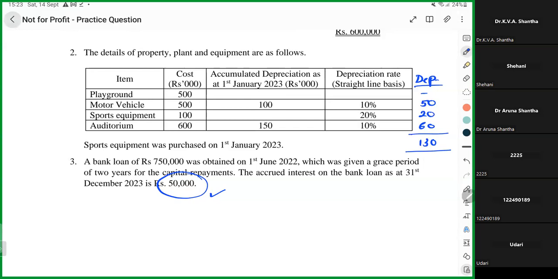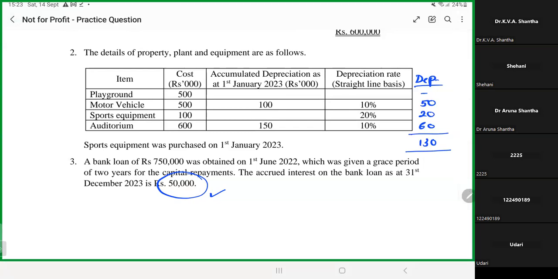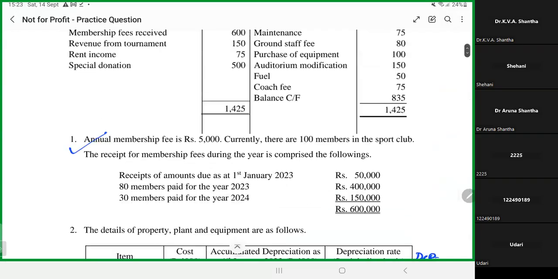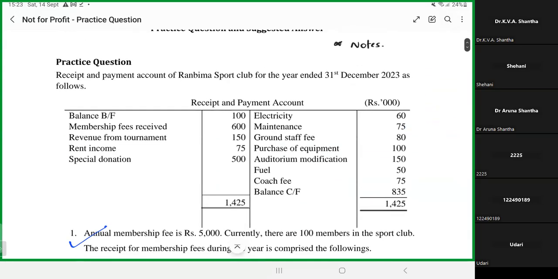Then how much interest for the year? See how much you have paid in interest payments. In the receipts and payments account, there are no interest payments, so you have not paid any interest.